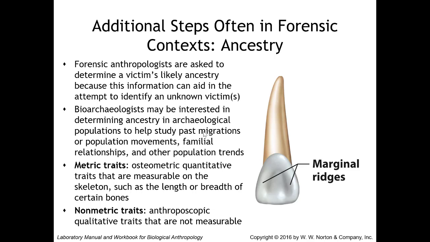So one example is shovel-shaped incisors as a non-metric trait. It refers to the unique incisor shape in which the lingual surface of the tooth, or the tongue side, has distinct indentations that make it look like the spade of a shovel. This tooth shape is one that I actually have.